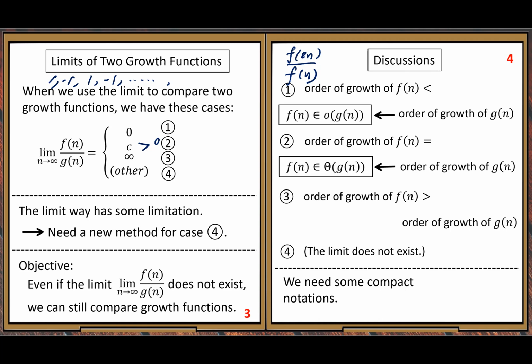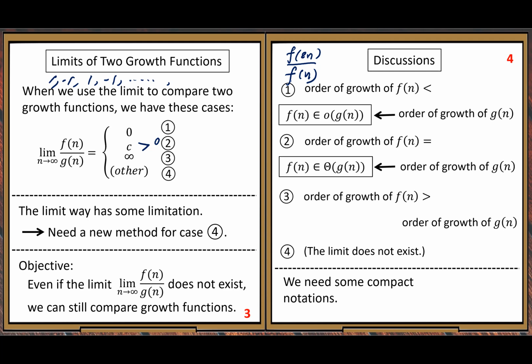Number 2, big theta. When they have the same order of growth, we write this notation: f of n belongs to big theta of g of n. That means their limit when n goes to infinity is a positive constant, and they have the same order of growth.